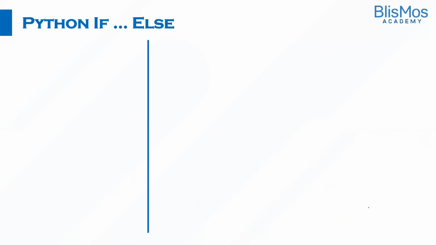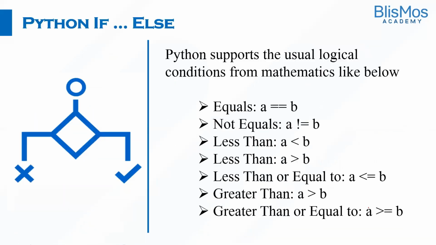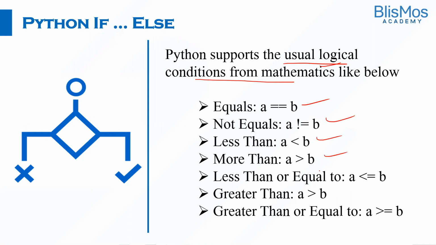What are the conditions which are supported by Python? Python supports the logical conditions from mathematics, like equals, not equals, less than, more than, less than or equal to, greater than or equal to.